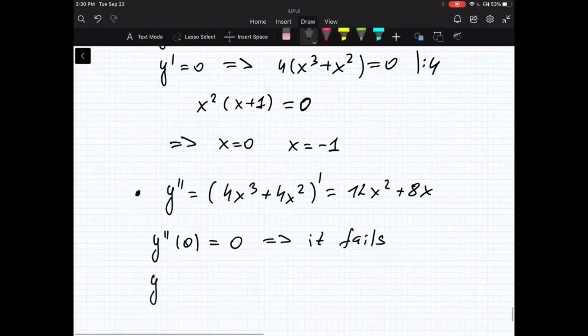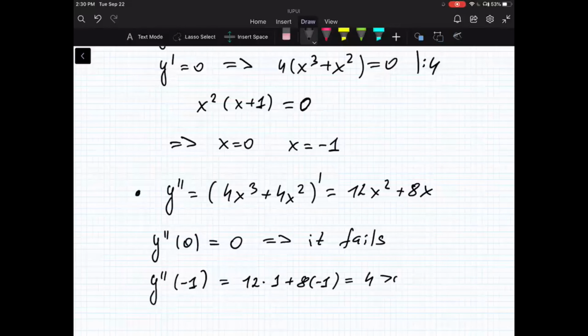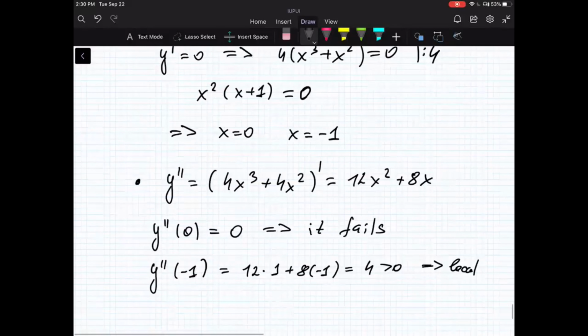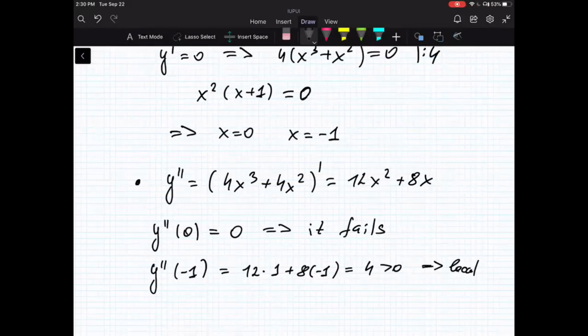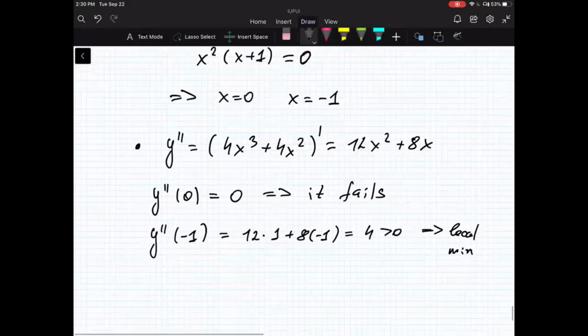But y double prime at point minus 1 will be 12 times 1 plus 8 times minus 1, which is 4, positive. So it's positive, so it's a local minimum. But nevertheless, I need to use the first derivative test.